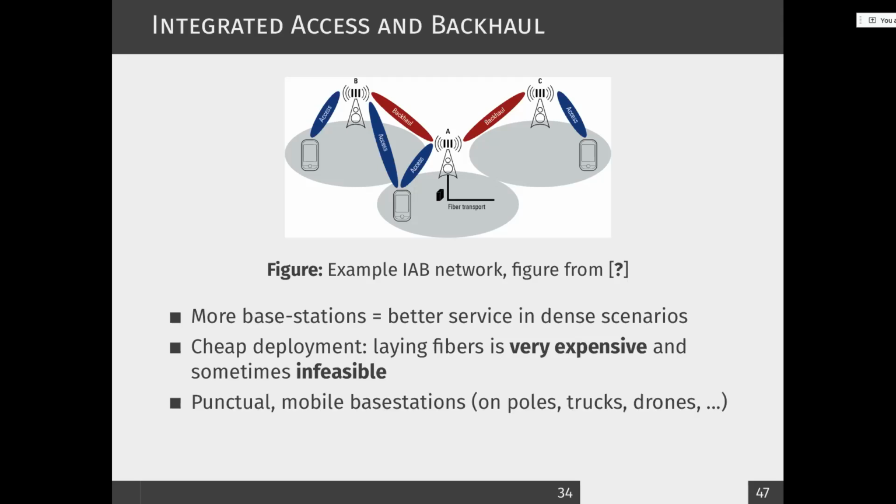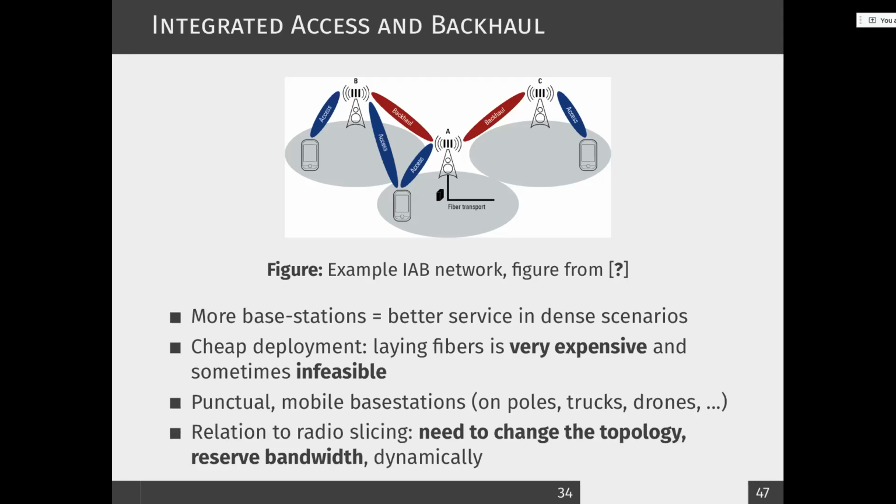So the idea is in our case, we have one base station that has a fiber that is connected to the core network, and the rest of the base stations don't have it, and they have to do the backhaul, so route the traffic from the UEs to the base station with a fiber, which we call the donor, in order for them to have access to the core network.